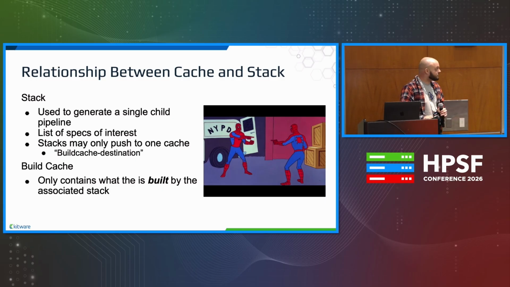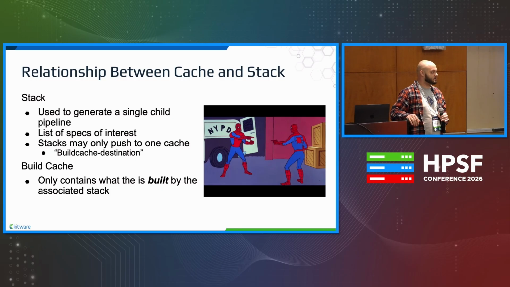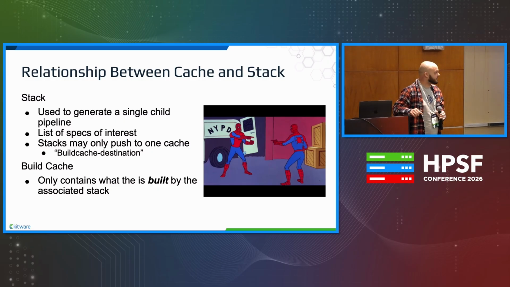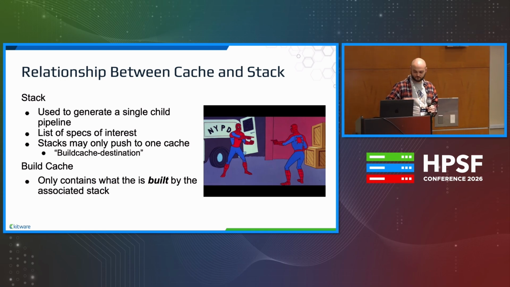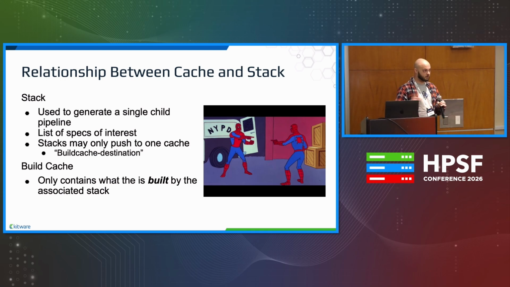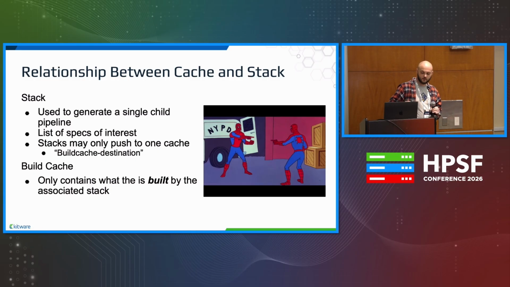I'm just going to briefly talk about the relationship between a build cache and a stack before I talk about build caches, because I think the context is worthwhile. For every stack, there is a build cache, and it is one-to-one. And we don't allow pushing to multiple caches, and it's kind of ambiguous to do something like that.